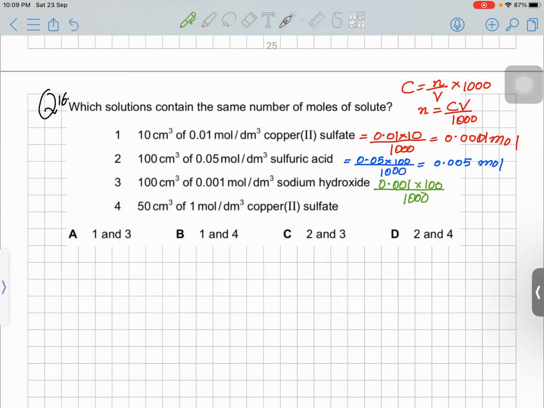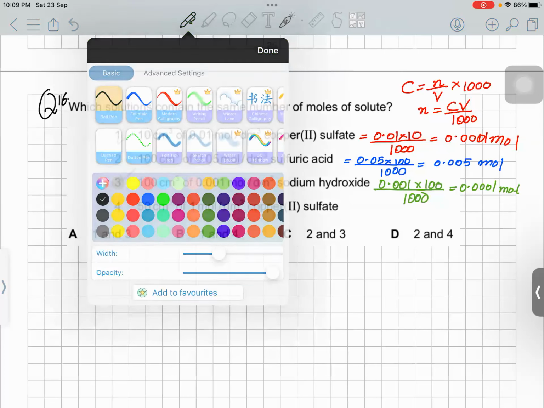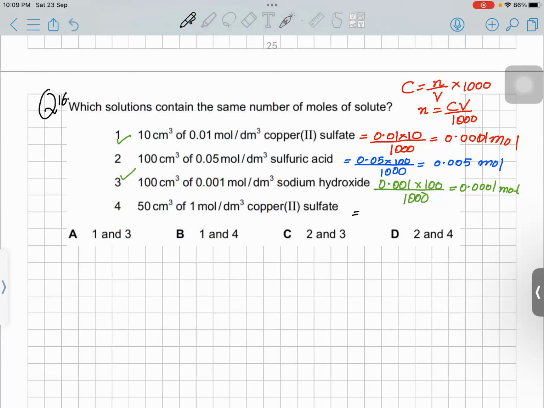Sir, again 0.0001, the same as the first one. 0.0001 mole. So 1 and 3. Now can you do for the last one? Sir, 1 times 50 over 1000, which is 0.05.